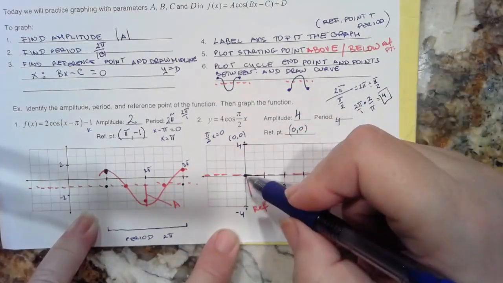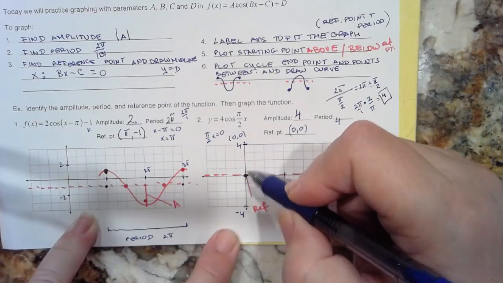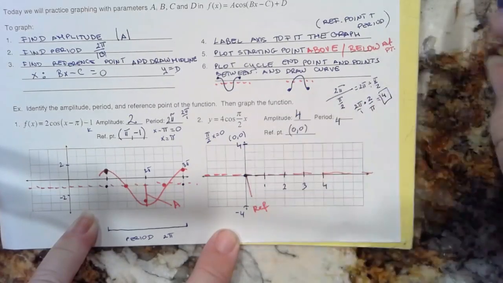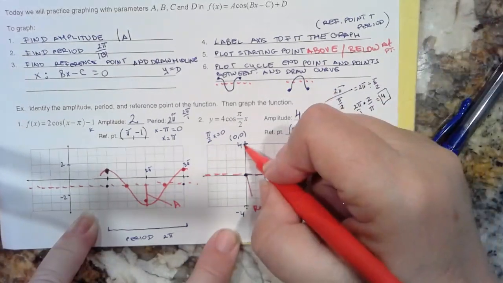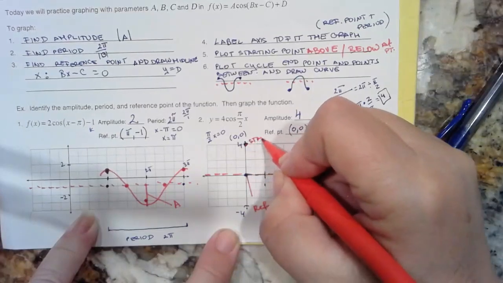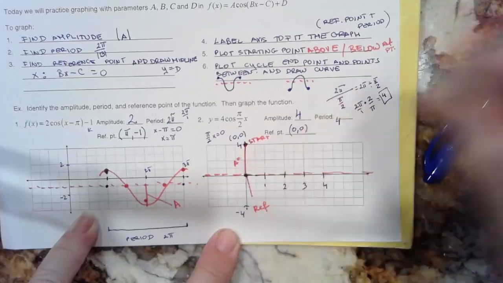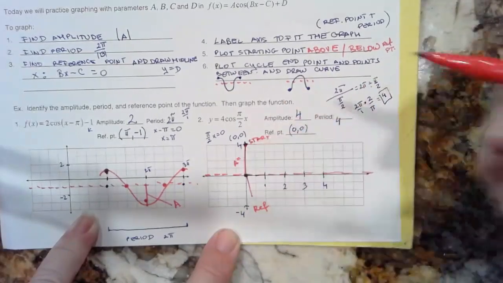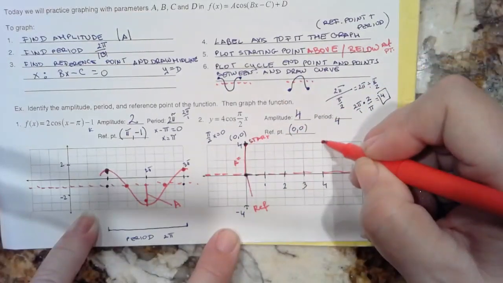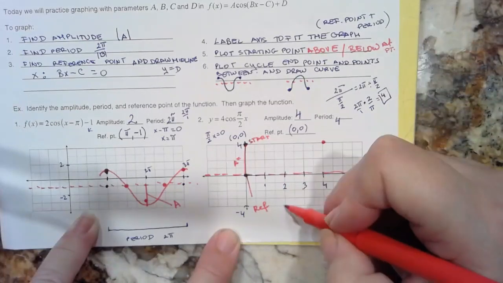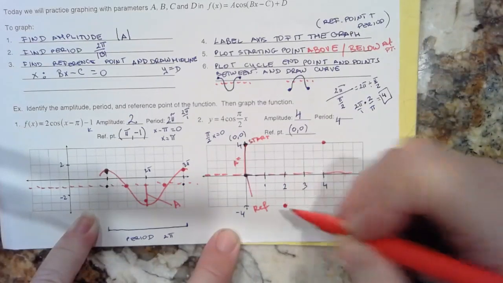So my starting point is above 4. So this is your starting point. This is start. And this is your A. Okay, so start and end. And the middle goes down.